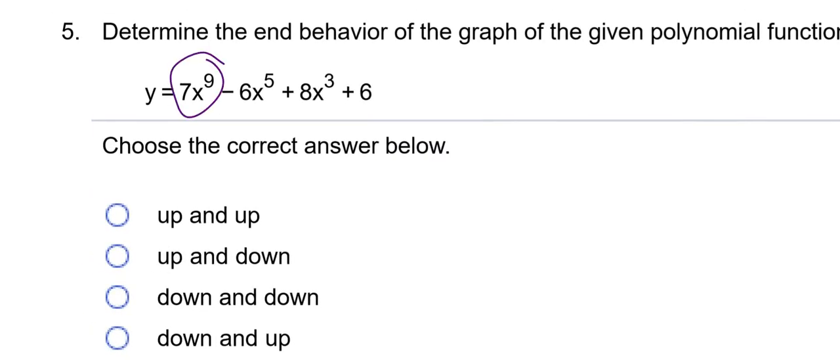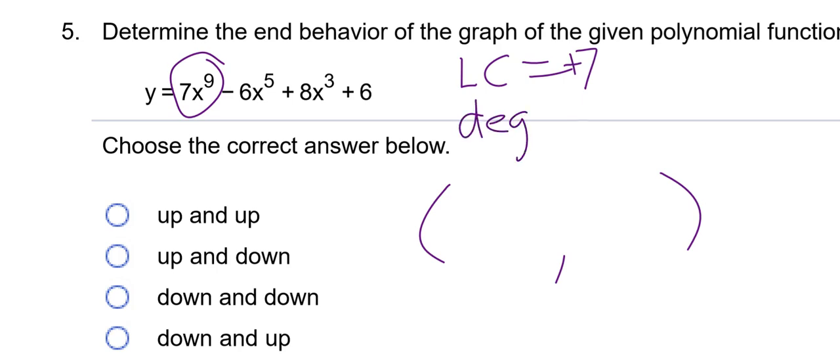My leading term is 7x to the 9th. I guess I should have asked you if it was in standard form. It is in standard form. Your exponents do go in decreasing order. So, what do we know about the right end behavior? Since we have a leading coefficient of positive 7 and a degree of 9, what is the leading coefficient telling me?